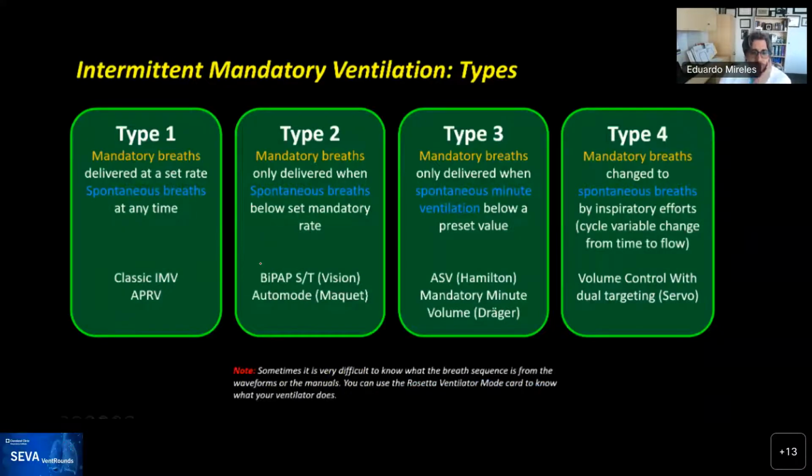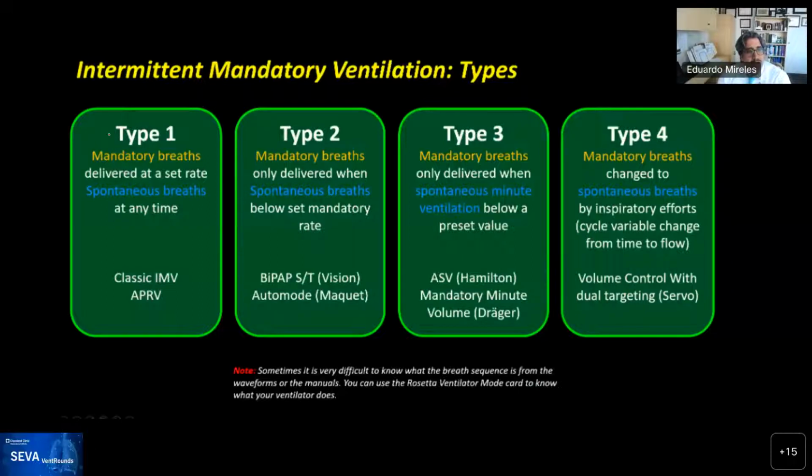We have also reviewed several times that within the breath sequences, there are several types. We call them type 1, type 2, type 3, and type 4. And that is because IMV, as it has been described in the literature for years, decades, has actually evolved.